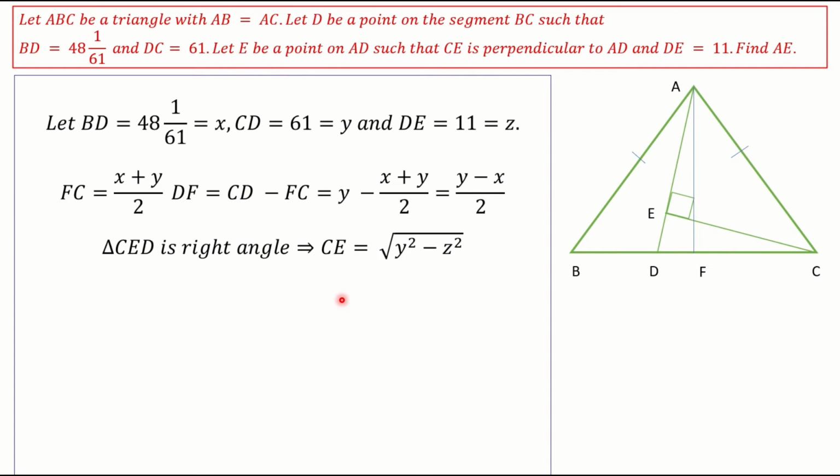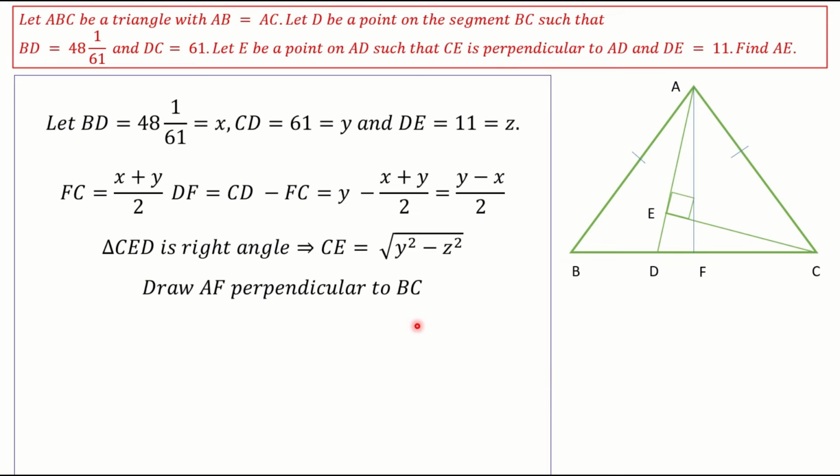Okay. Now next, let's take triangle CED. This is a right angle triangle at E. So CE equal to the square root of CD square minus Z square, so square root of Y square minus Z square.